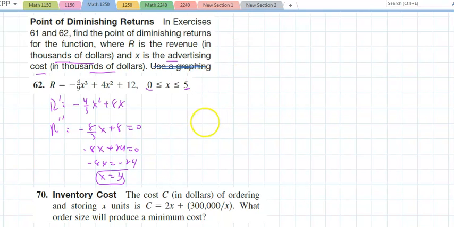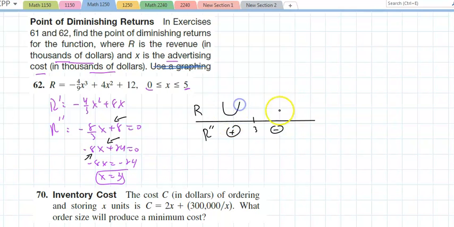So if you do the testing, take 3, there's R double prime, and there's revenue. A point to the left of 3, let's say 1. You put a 1 right there, it doesn't matter. Negative 8/3 plus 8 is positive. You put a point to the right, let's say 4. A 4 in here, negative 32 plus 24 is negative.